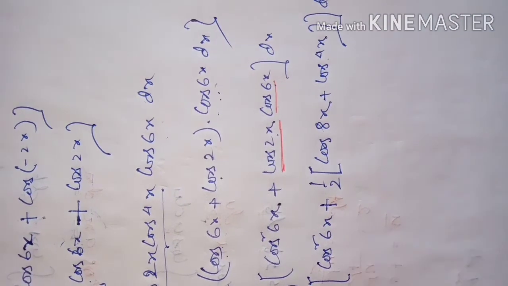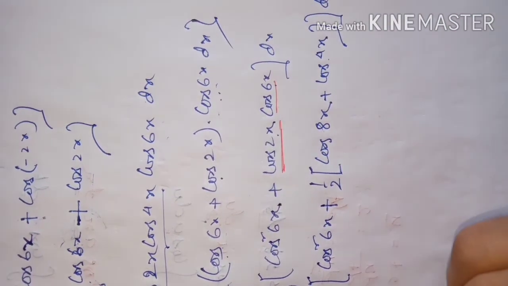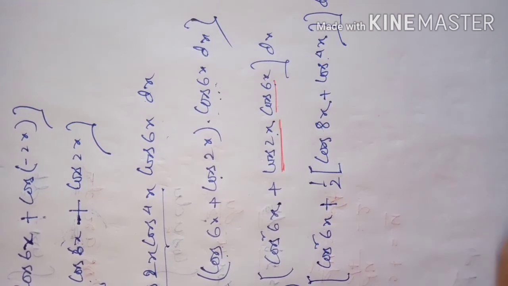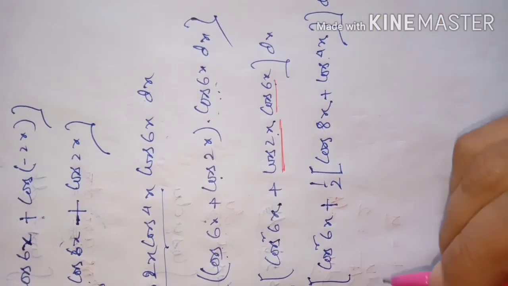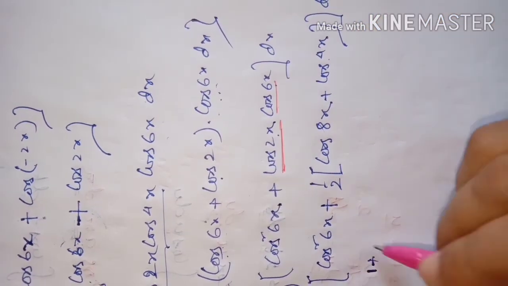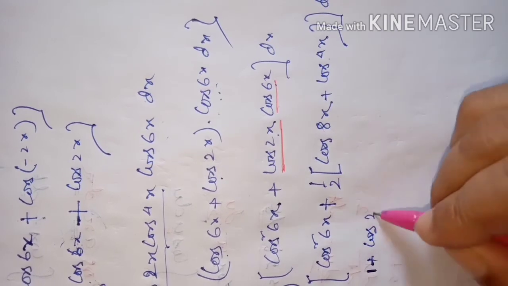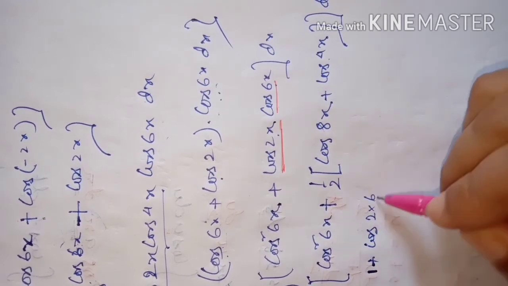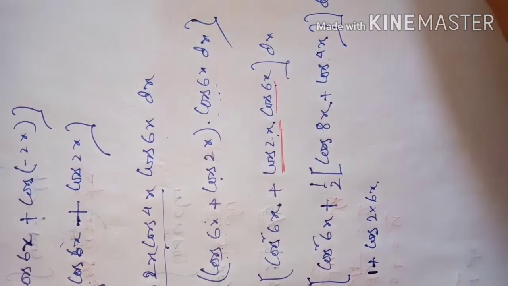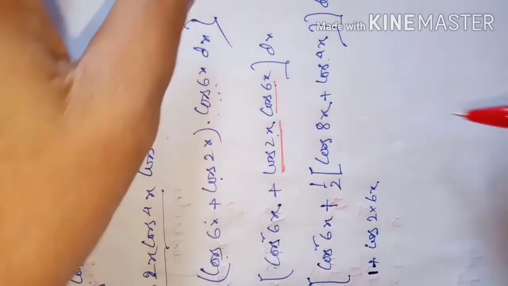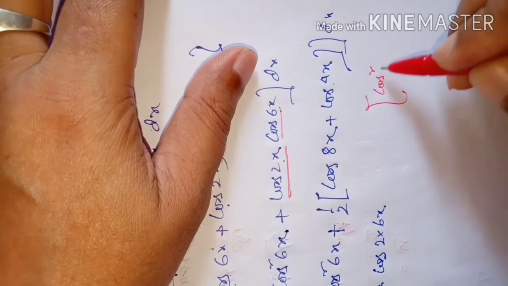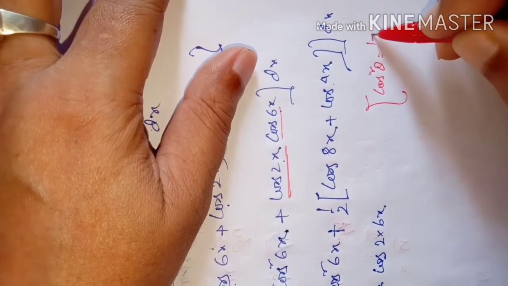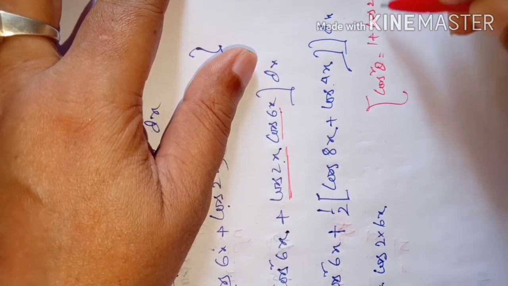Now for this cos square 6x, just recall the formula. What was the formula? That is cos square theta is equal to 1 plus cos twice theta by 2.